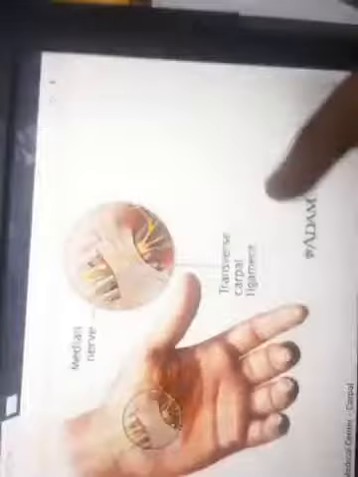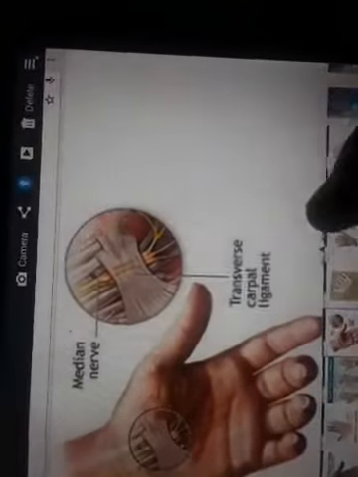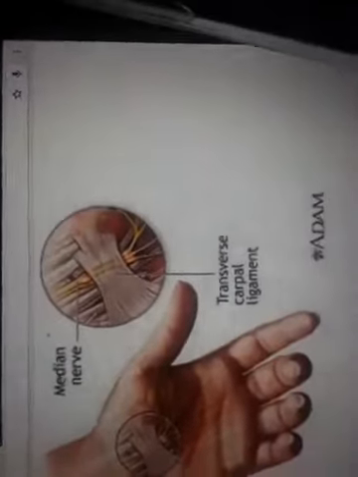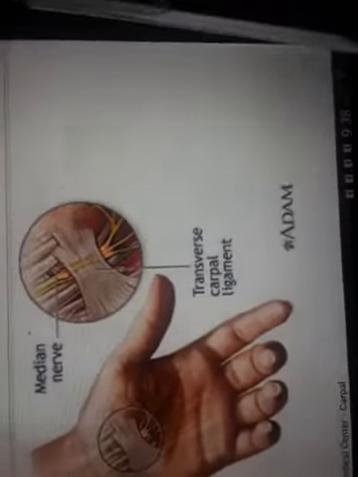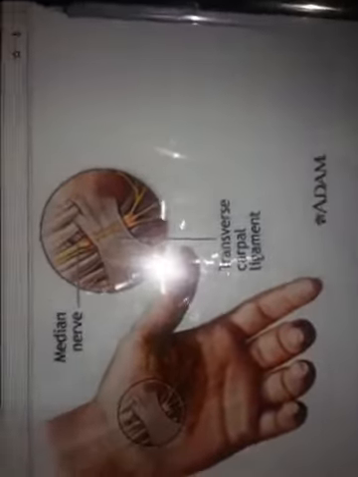This could mean that the patient would have carpal tunnel syndrome. So the person has inflammation around the wrist region, and would likely be diagnosed with carpal tunnel syndrome.